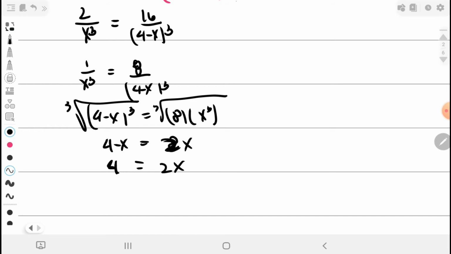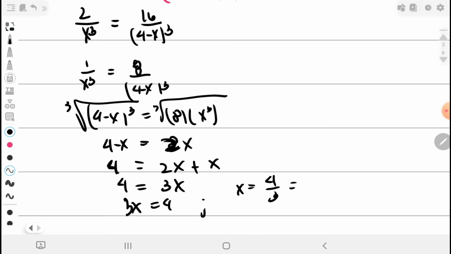So, 4 is equal to 2x plus x, so we have 4 equals 3x. Therefore, 3x is equal to 4, which means that x is equal to 4/3.